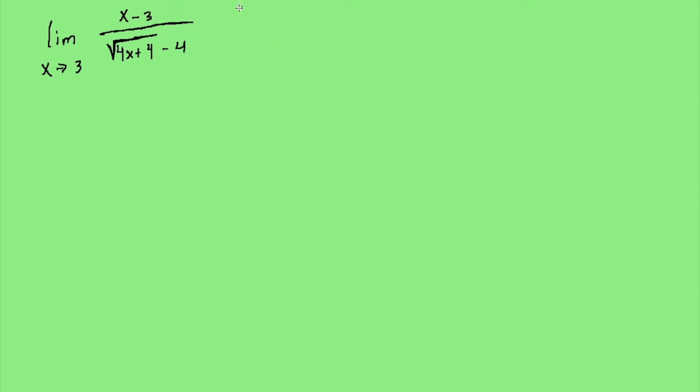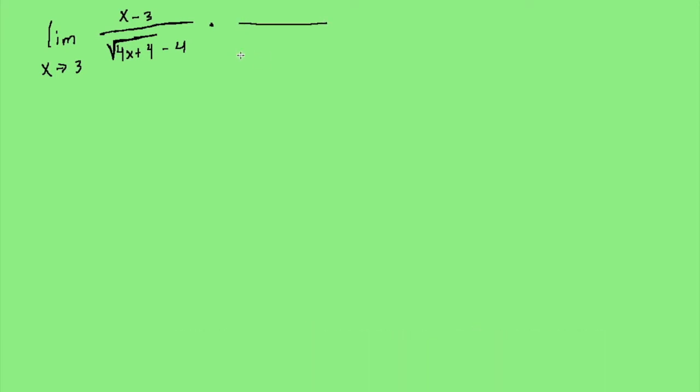Let's multiply by the conjugate using our difference of squares. In this case, it's very similar: the square root of 4x plus 4 plus 4 on the outside. It's really only this sign that ever gets changed when you're doing this type of manipulation. And we'll multiply by that on the top as well.